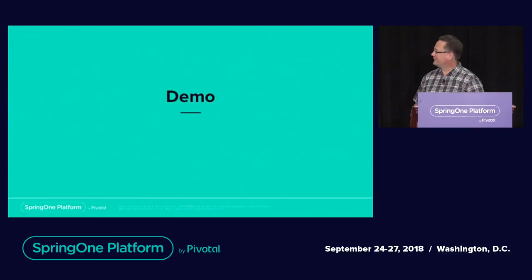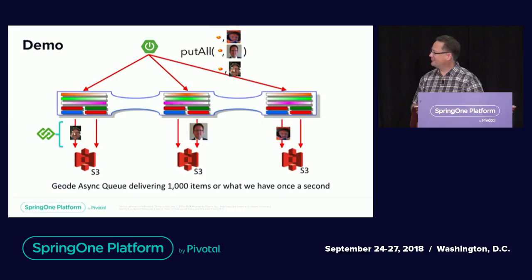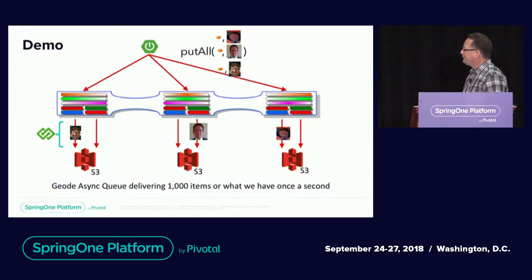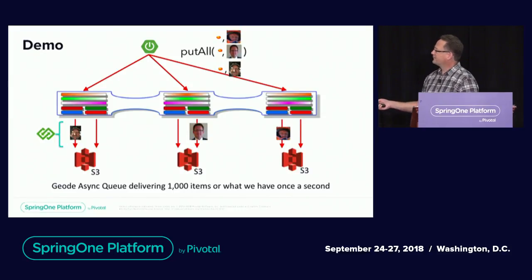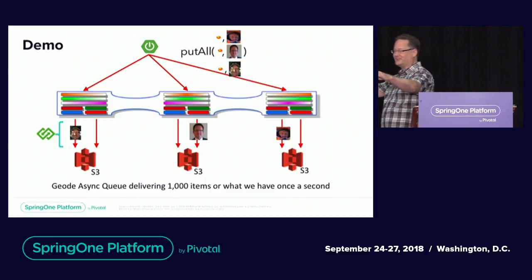All right, so demo. Let me talk a little bit about the demo before I get into it. Like I said, I'm going to be using what they call in Geode single hop, and what that's doing, it's going to route the right actors to the right machines, right? So it's going to basically partition the workload across several machines.